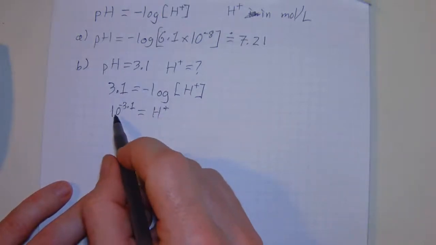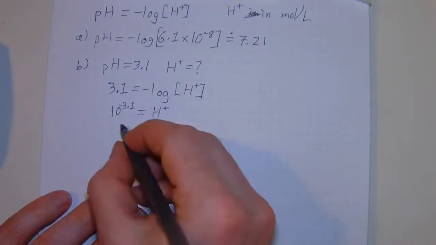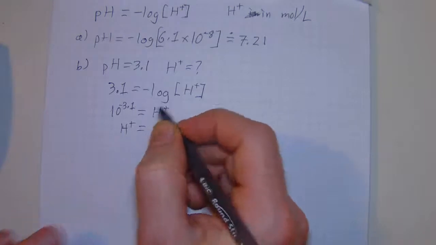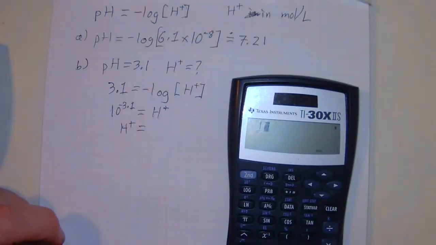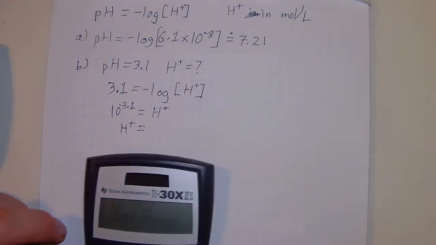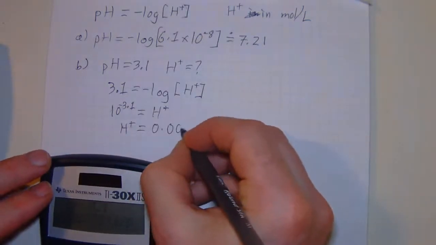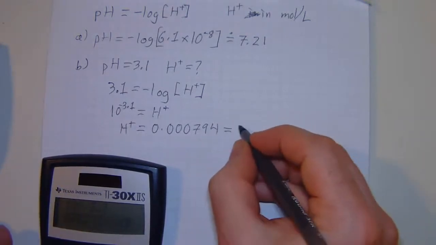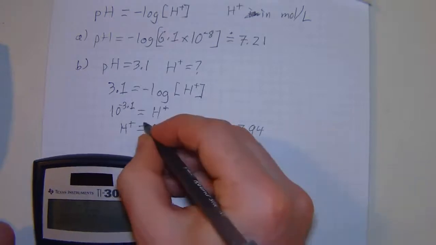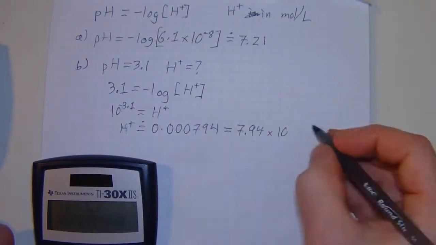Here we can see that 10 to the power of negative 3.1 is equal to the concentration of hydrogen ions. If we calculate 10 to the power of negative 3.1, we get that the concentration is 0.000794, which is equal to 7.94 times 10 to the negative 4.